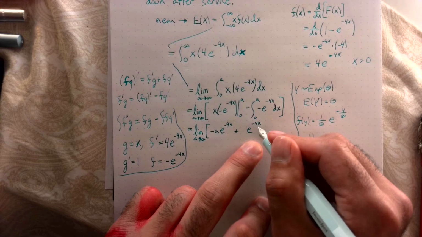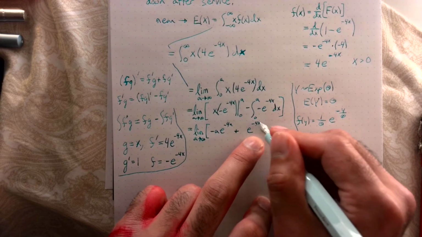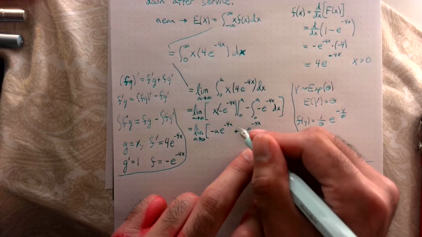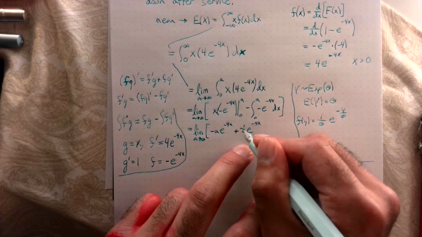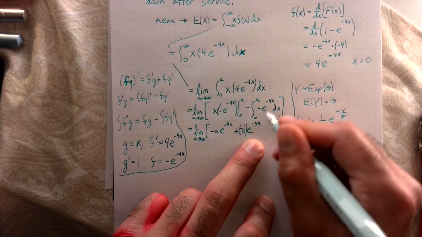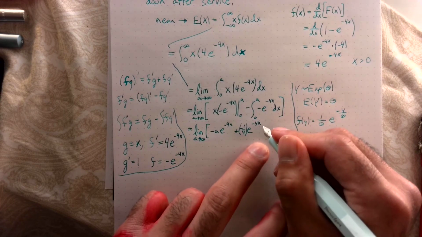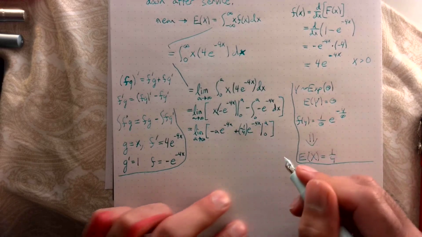So I need to add something. When I take the derivative of this, it stays the same, and I multiply by the derivative inside, which is minus 4. So to cancel that out, I need a minus 1/4 here. Right, so I take the derivative, that cancels out, I get back to here. And then I want to evaluate this from 0 to a.